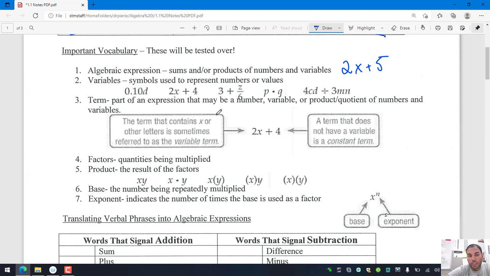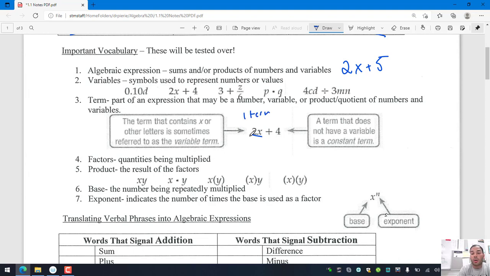Okay. Next word, term. It is part of an expression that may be a number, variable, or product/quotient of numbers and variables. Okay, so here's an example of an expression that has two different terms. The first term we see here is 2 times x. Even though there's two different symbols here, this is just one term.